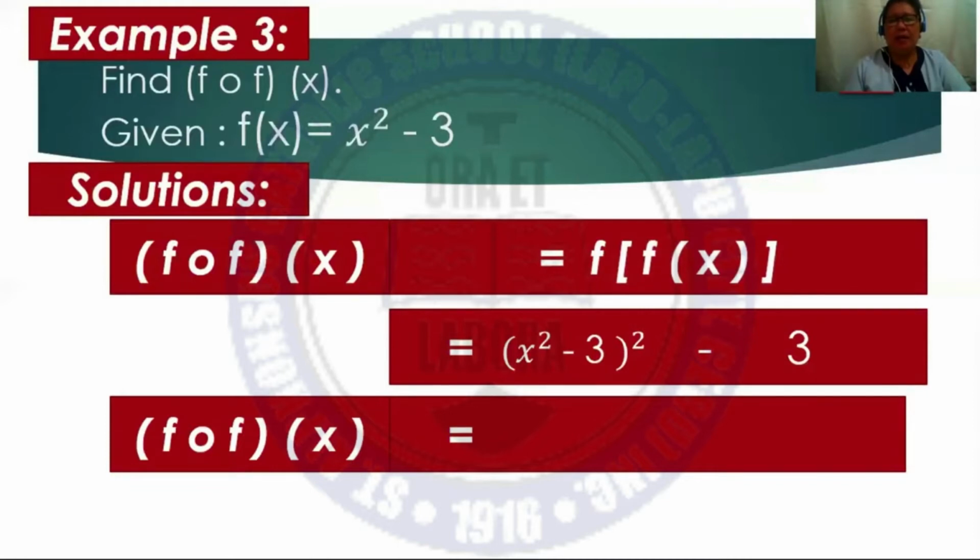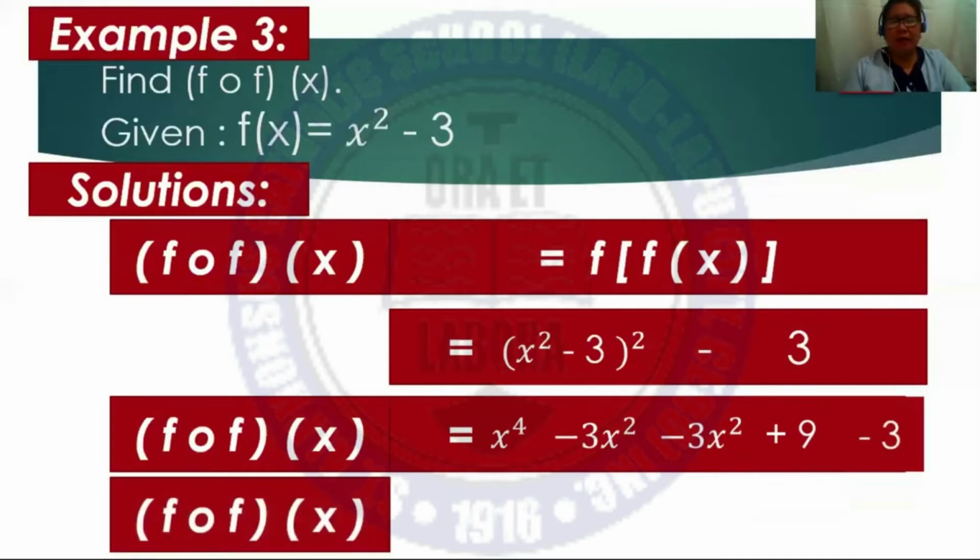So this means x squared minus 3 times x squared minus 3. So x squared times x squared, we have x to the exponent of 4. Then x squared times negative 3 is equal to negative 3x squared. And another x squared times negative 3 is negative 3x squared. And negative 3 times negative 3 is positive 9. And do not forget to write minus 3.